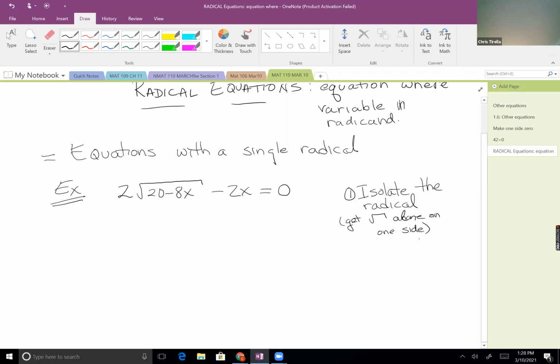And so, is it obvious that if I'm trying to get the square root alone, the first thing that I'd probably do is get that term alone and add 2x to both sides.